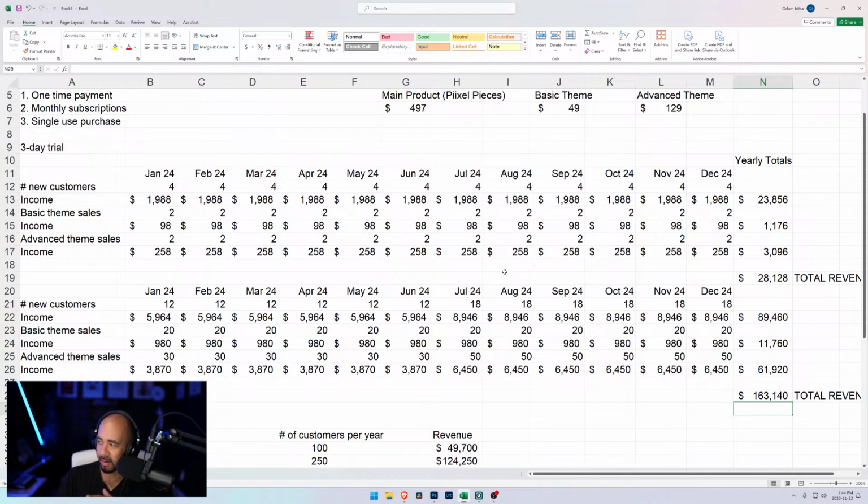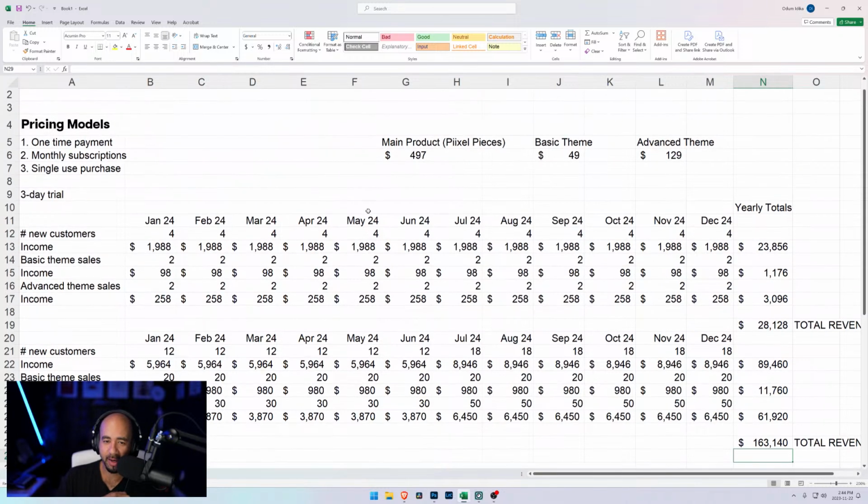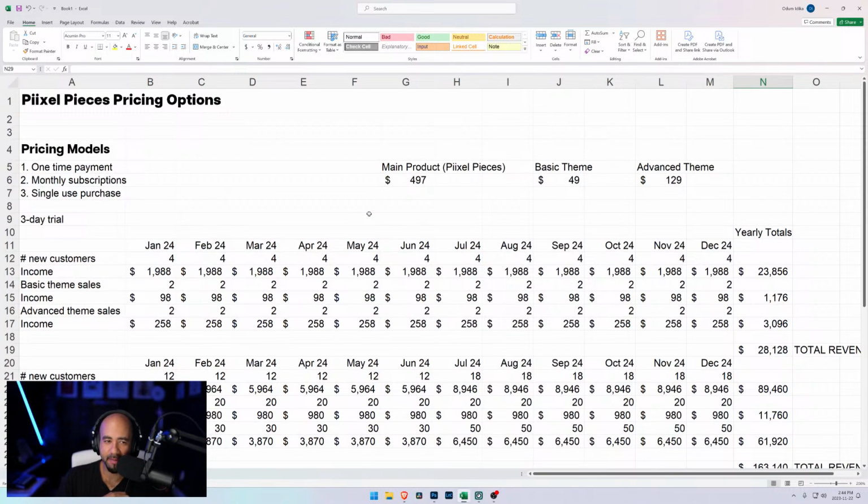But I'll say, full disclosure, I've never used a forecasting model and figured out how I could use that to help guide what I'm going to be doing in my business.